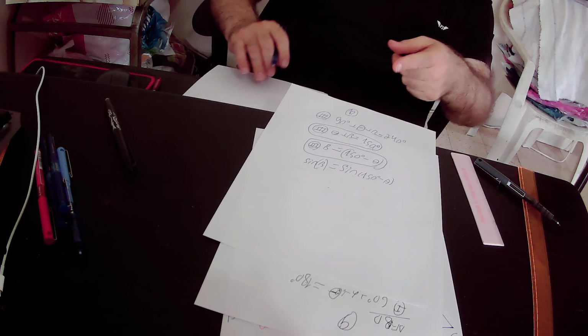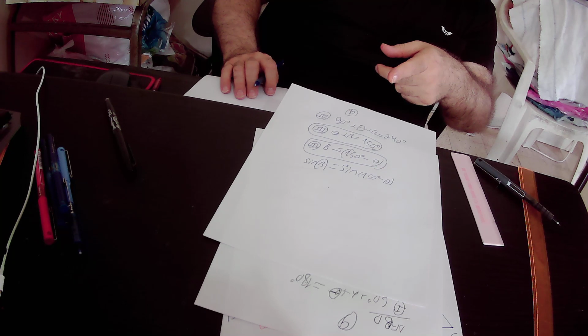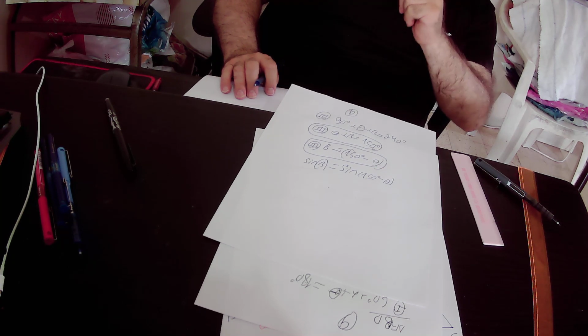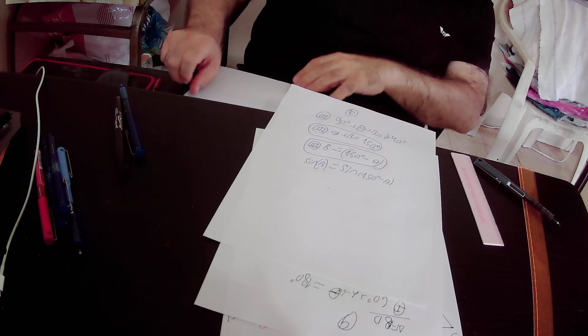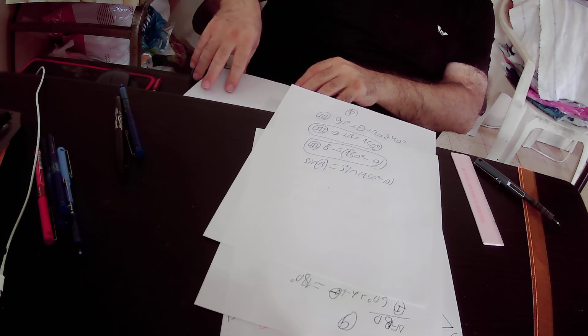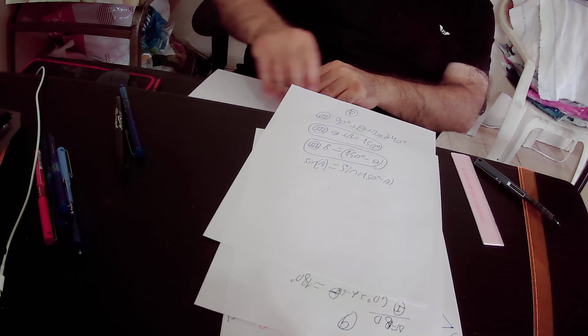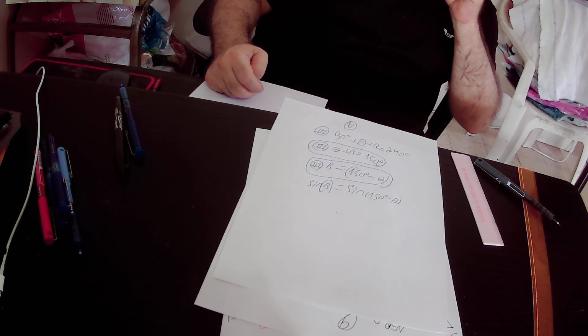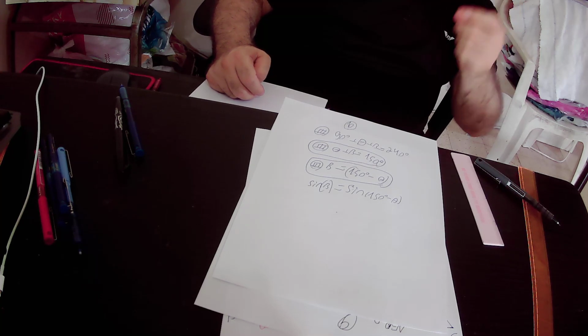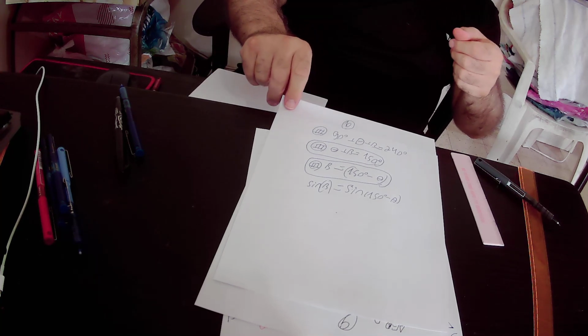So we got that sinus beta equals sinus of 150 degrees minus theta. Now, in order to calculate the value of sinus of 150 degrees minus theta, we will use the second trigonometric identity.